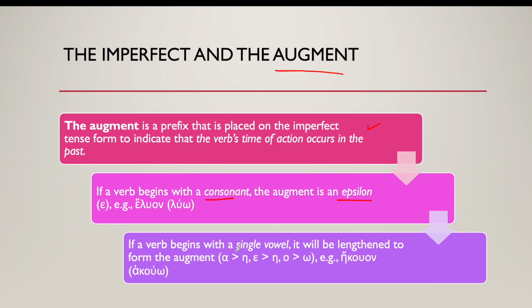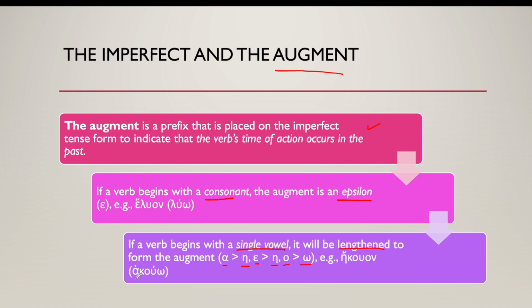If a verb begins with a single vowel, it will be lengthened to form the augment. So if you have a verb that begins with an alpha, it will lengthen to an eta. If you have a verb that begins with an epsilon, it will lengthen to an eta. If you have a verb that begins with an omicron, it will lengthen to an omega.